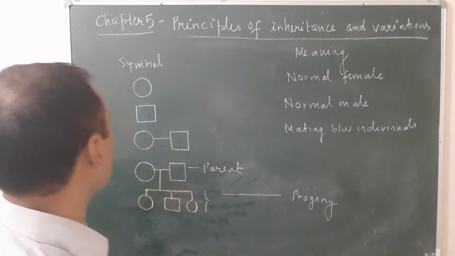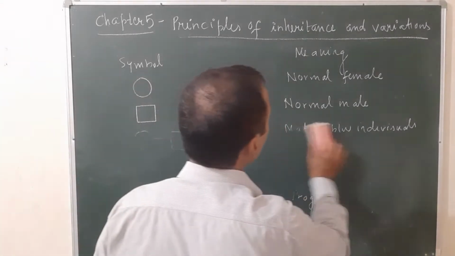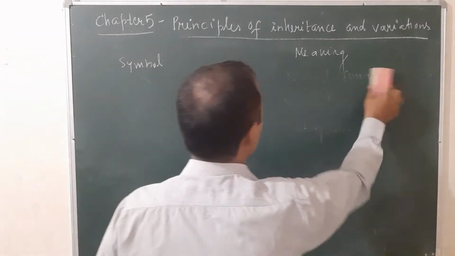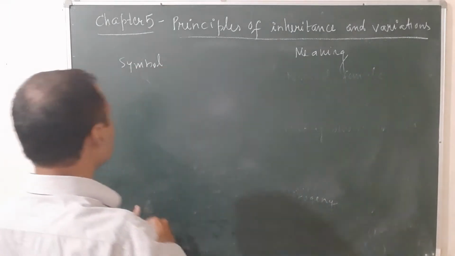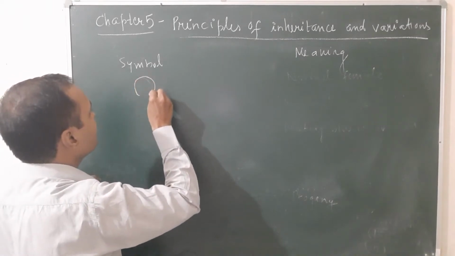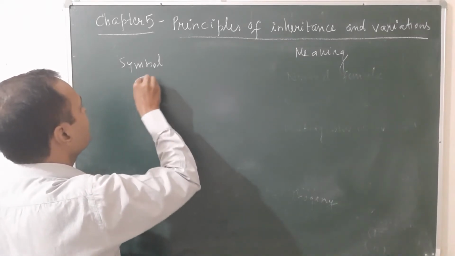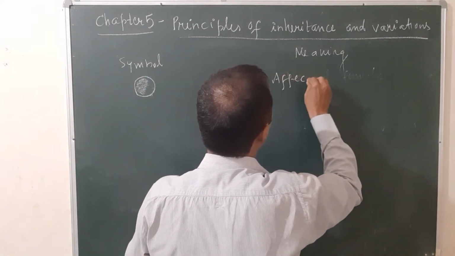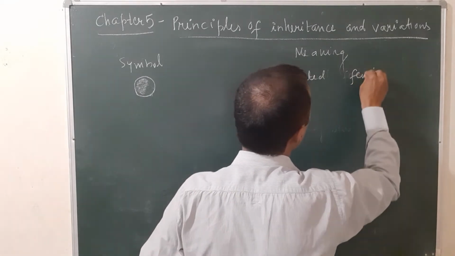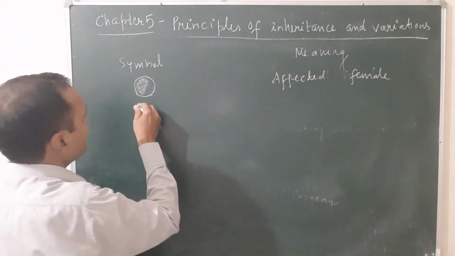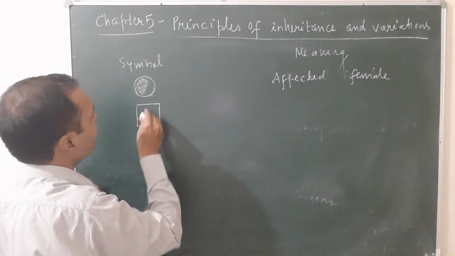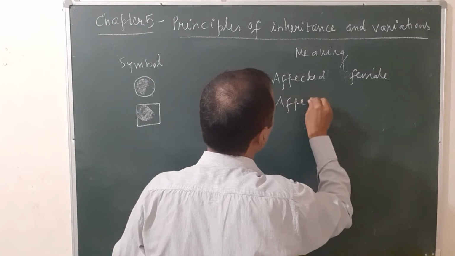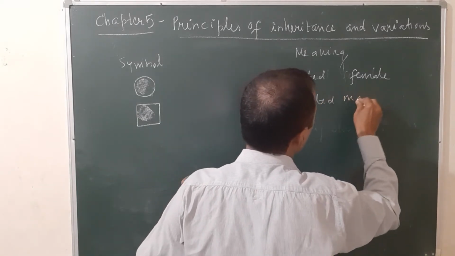Let us see again. When spherical and shaded in the pedigree chart, it is called affected female. When square and shaded, this is called affected male.